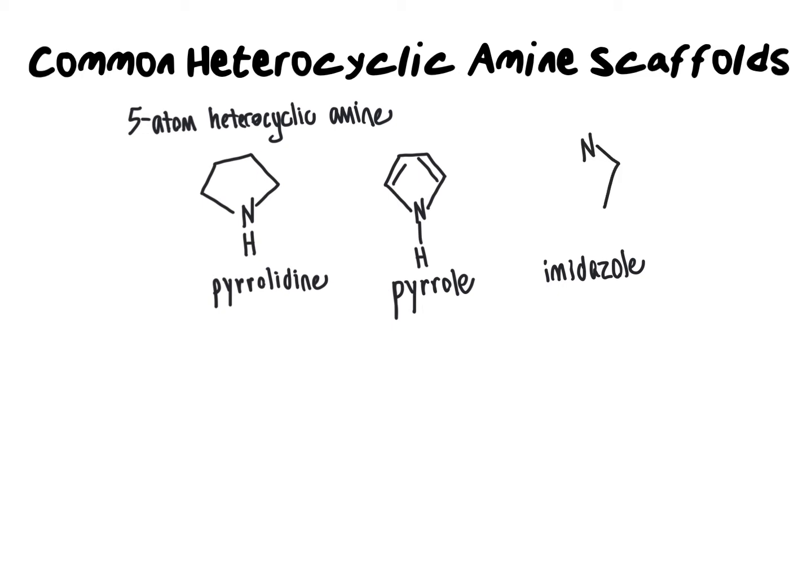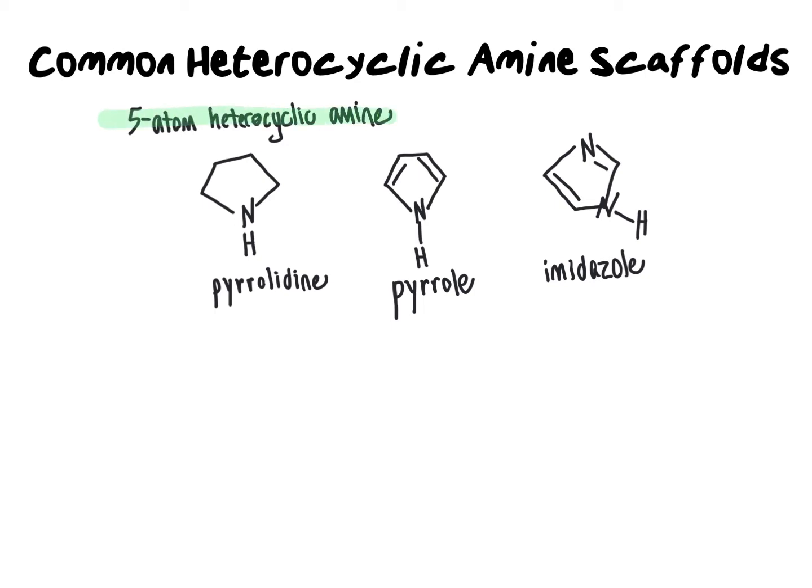It has, like the others, 5 atoms in the ring. And in the case of imidazole, what we see is that there are not 1, but 2 nitrogen atoms within the ring. And the structure is like so. So these are our 3 common 5-atom heterocycles.